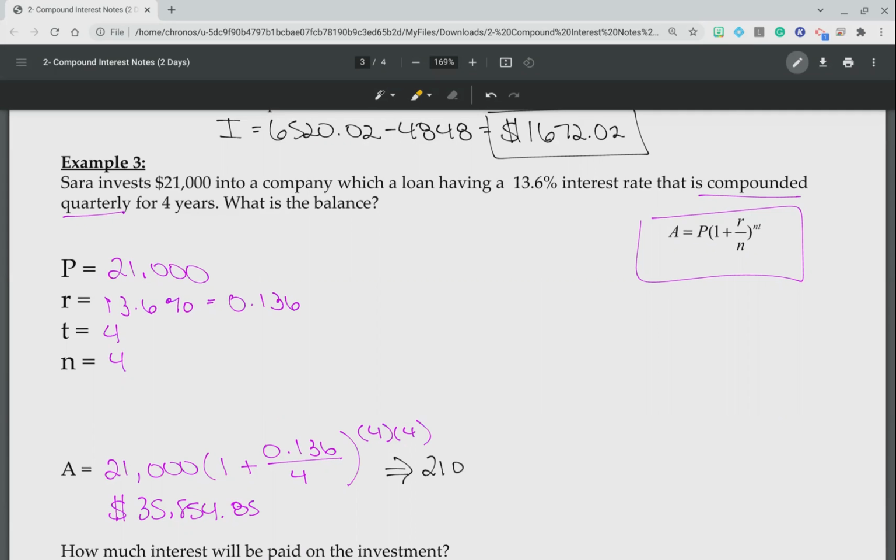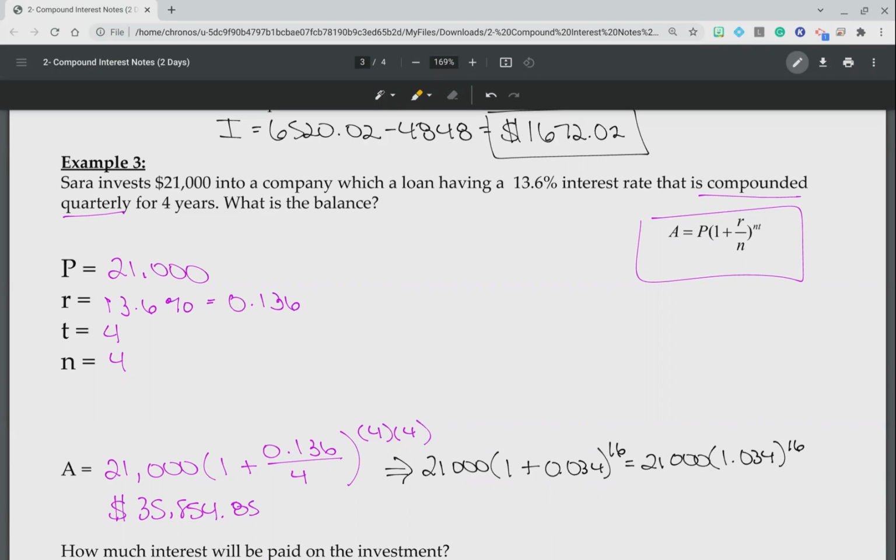Okay, so again, for your non-graphing calculator people, tune me out if you have a graphing calculator. I'm going to do 21,000, and then I'm going to figure out what's in the parentheses. So this is going to be 1 plus, and then on my calculator, I'm going to type 0.136 divided by 4. And I get 0.034 to the 16th power. So that's going to be 21,000. And then 1 plus 0.034 is just going to be 1.034 to the 16th power.